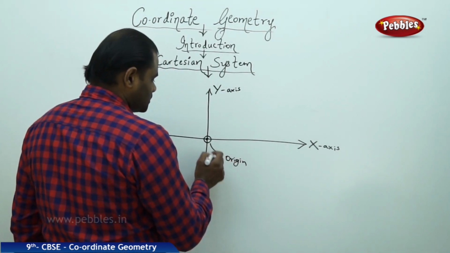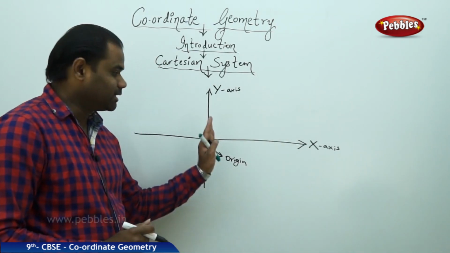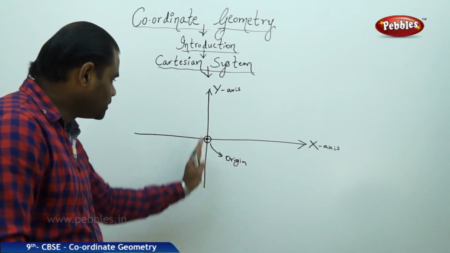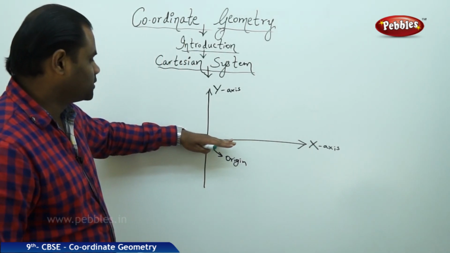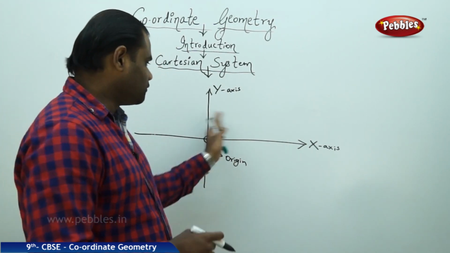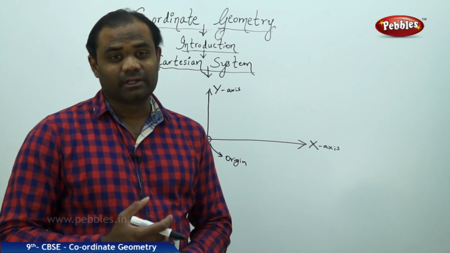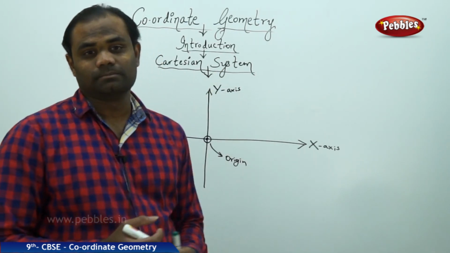Here comes the understanding of the definition for the right side of the origin, the left side of the origin, and up and down from the origin. Each of the four directions has its own definition as a rule of the Cartesian system.